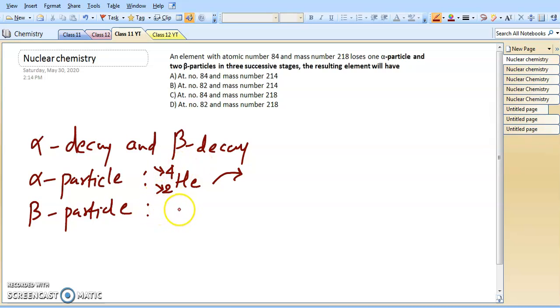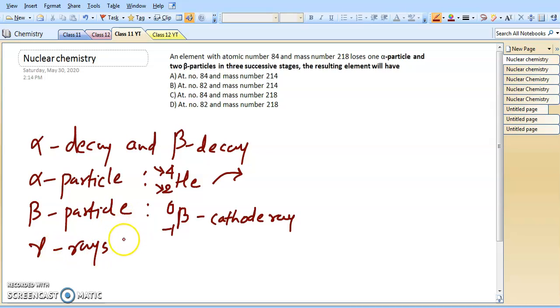What is beta? It is represented like this, and this is nothing but cathode rays, that is, electrons. And the third is known as gamma rays or gamma particles.